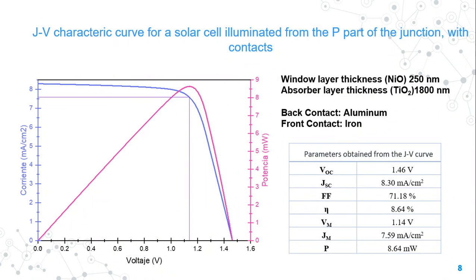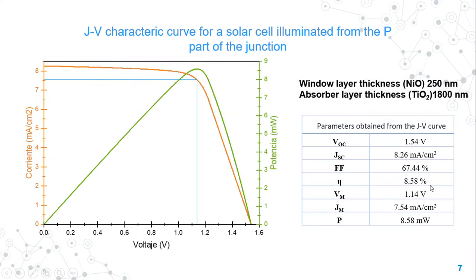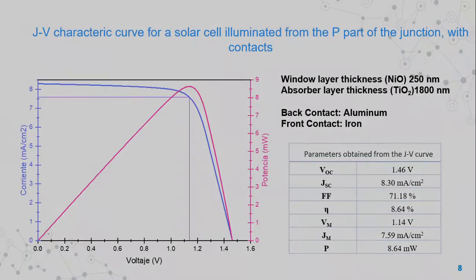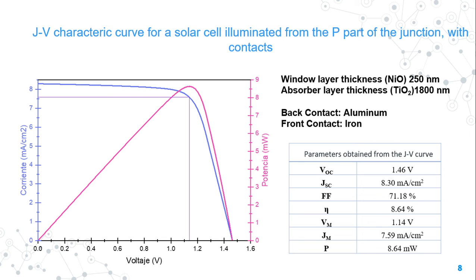When we find the materials for the back and front contacts, we have the same materials, aluminum and iron, but the increase in efficiency is better: from 8.58% we now have 8.64%. That is much bigger than when we illuminated the solar cell from the inside.